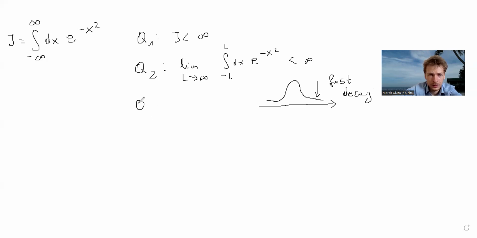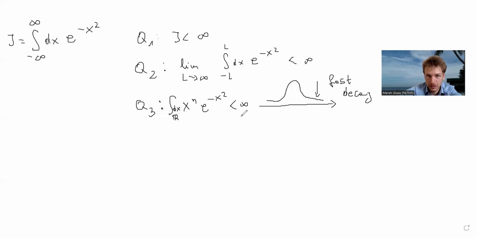To understand this decay better, you can consider the question whether you can find integrals of the form x to the power n e to minus x squared dx on the real line. And in fact, this will also be always finite.